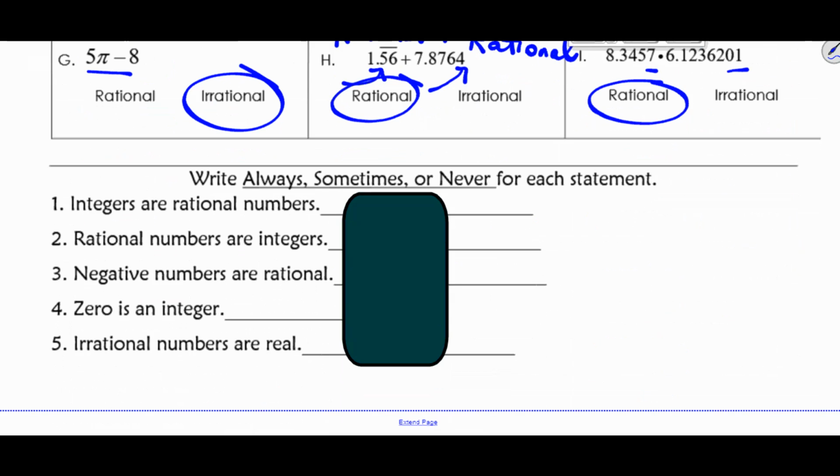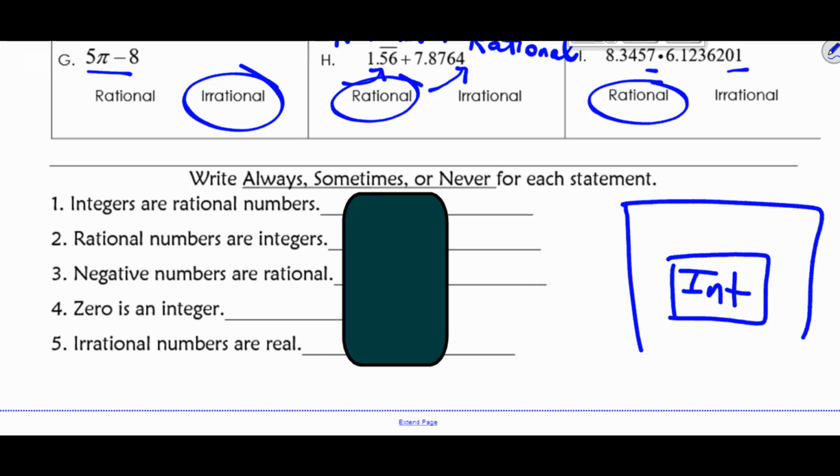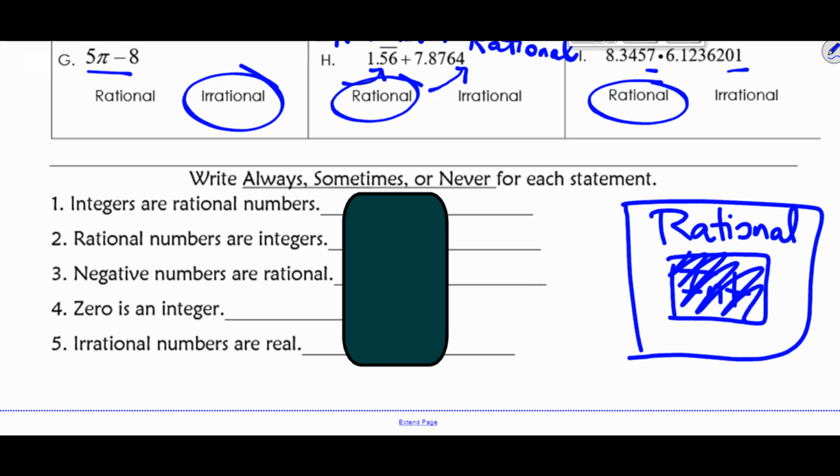On the last examples, we're trying to write always, sometimes, or never for each of these. Integers are rational numbers. I'm going to draw that chart again. I have my integers, then I have my rational numbers. Everything in the integer square there is also contained in the rational number square.